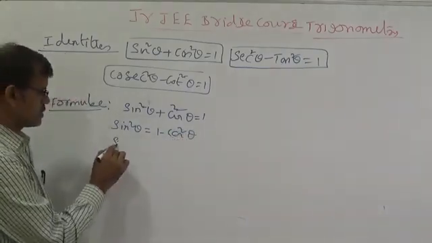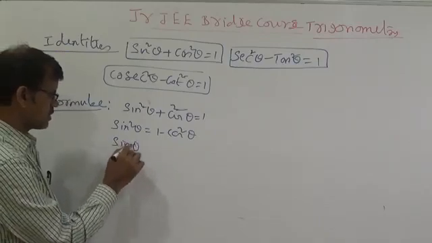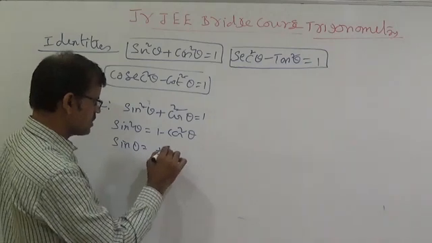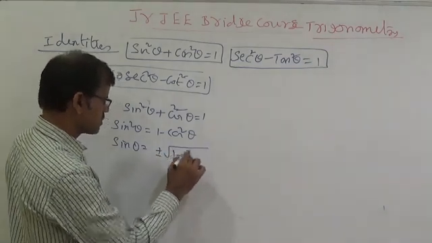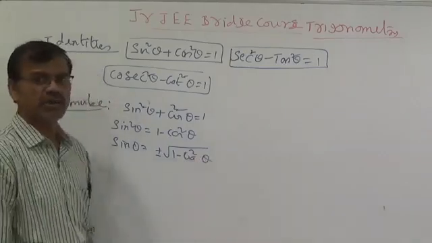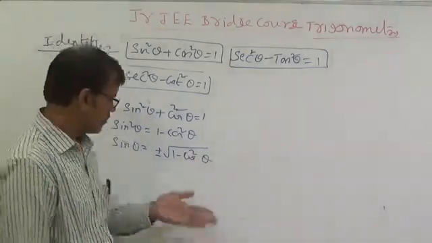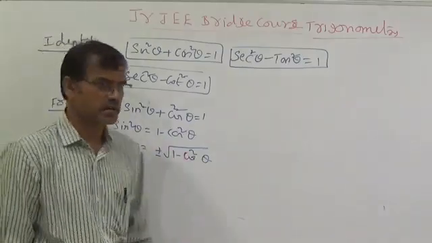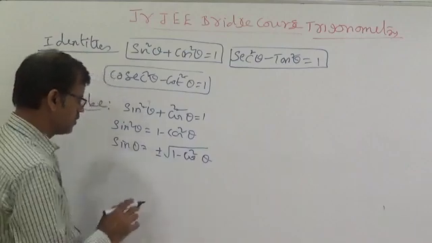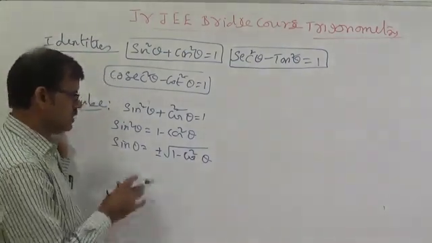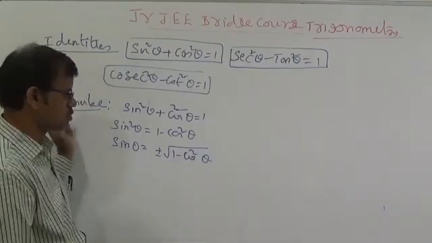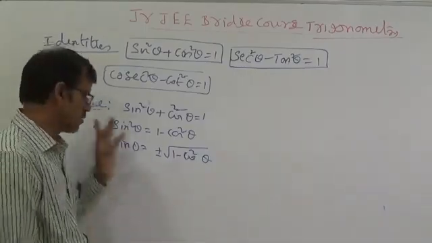Sin theta is equal to plus or minus root of 1 minus cos square theta. Plus or minus should be there, depending upon the angle, whether sin theta is positive or negative. I will say in objective sums this model. Generally some staff members or students say sin theta is equal to root of 1 minus cos square theta, but you should use plus or minus.